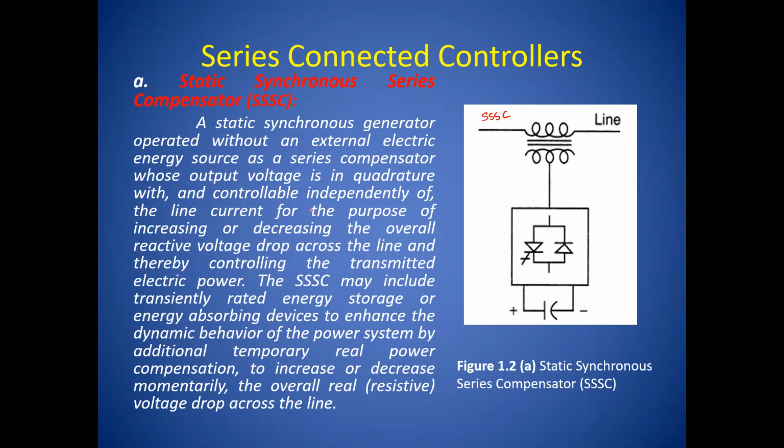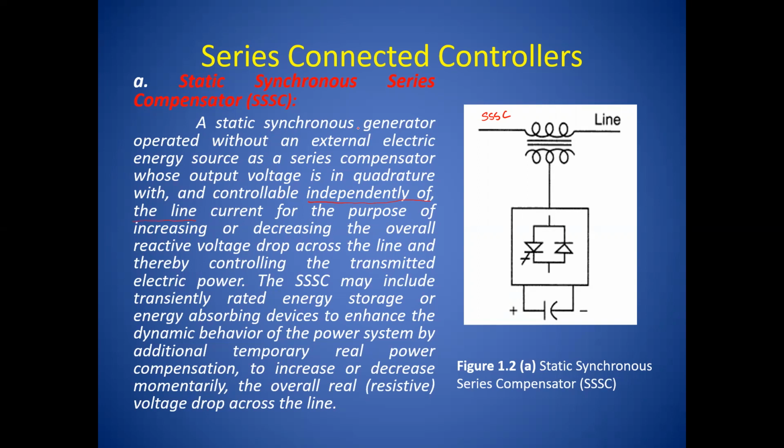In case of STATCOM, it controls the current in phase quadrature, independent of the system voltage, and here it is independent of the line current. So whatever the injection of voltage in series, it is independent of the line current.